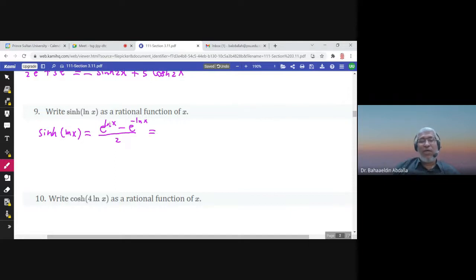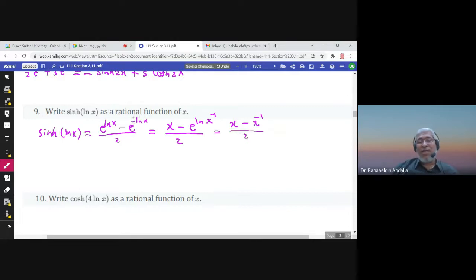Now e cancels ln, and I have x here. But here notice that e cannot cancel ln because I have a minus sign outside. But I can take this minus sign up here, using the properties of the logarithmic function. And now e cancels ln, and I have x to the power negative 1 over 2.